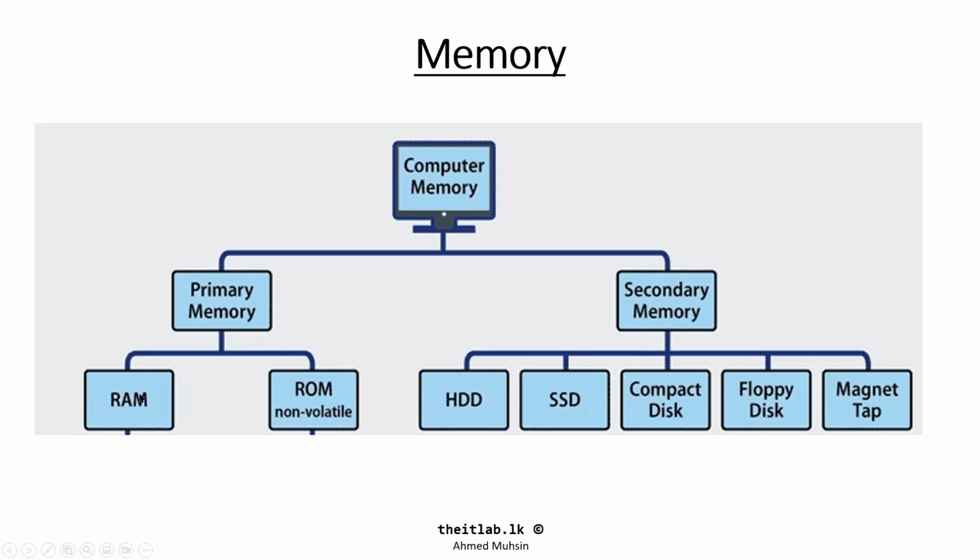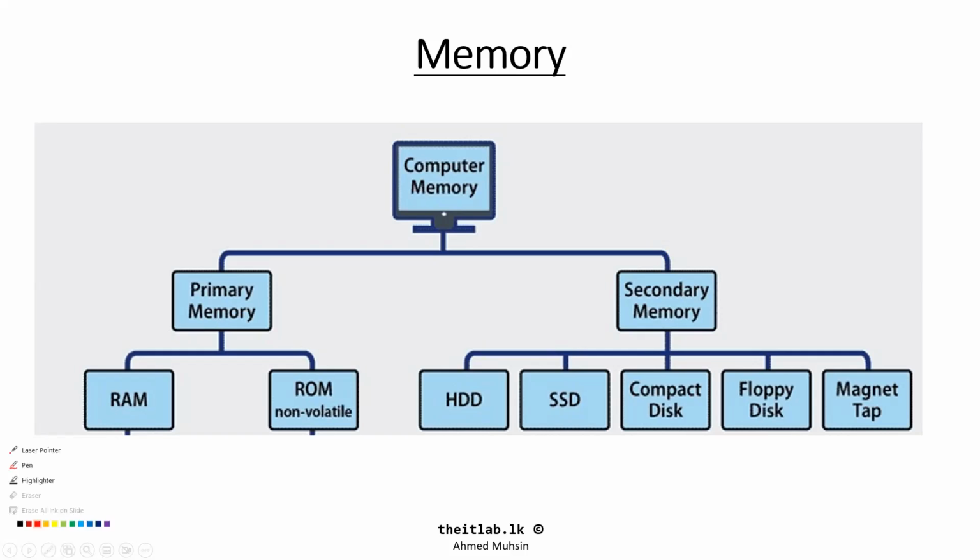What is the function of ROM? These are all coming on later on. But for now, what I want you to understand is you have computer memory, primary memory, and secondary memory. Under primary memory, you have only two storage devices. However, all other storage devices in your computer will come under secondary memory.